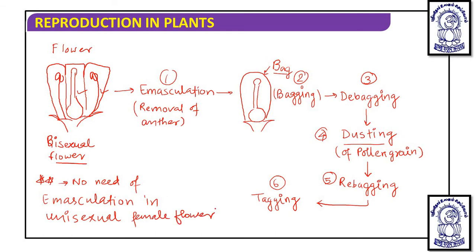Okay, so this way the whole process will occur, and I hope you understood this point as well. So this is the correct sequence of how artificial hybridization is going to happen.